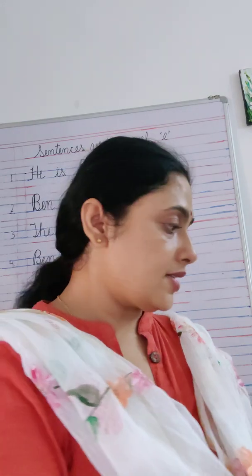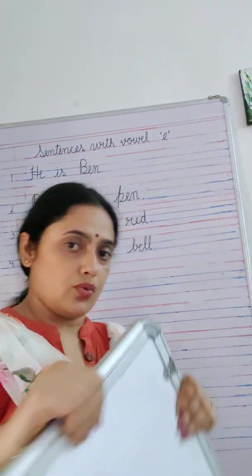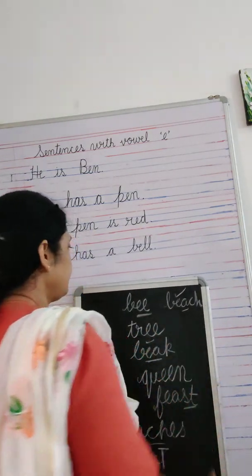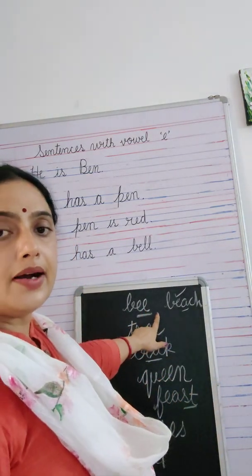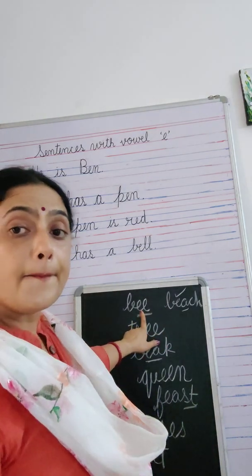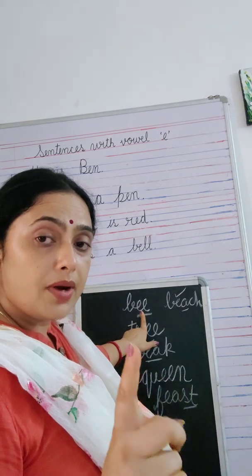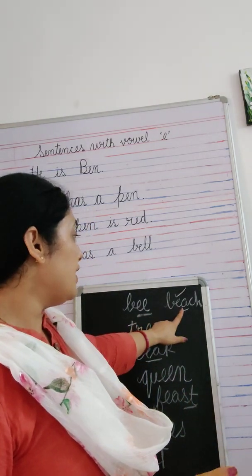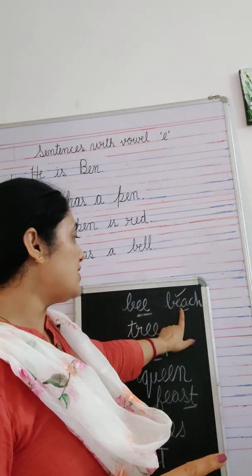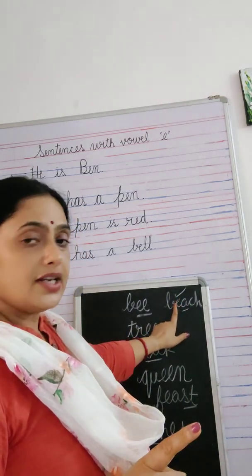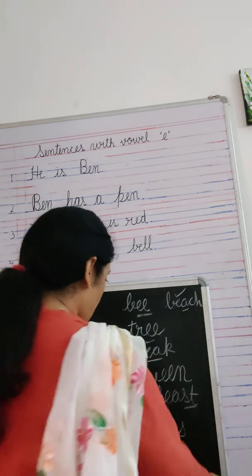So let's read some words of long E sound. B, E, Ch, beach. Two vowels, E and A, so we'll read it with the long sound E.